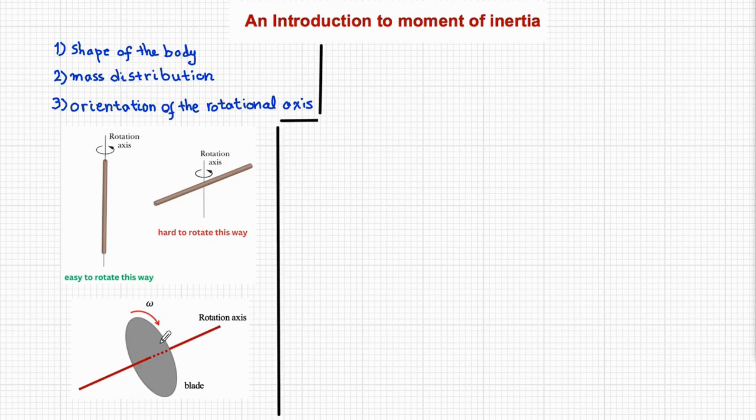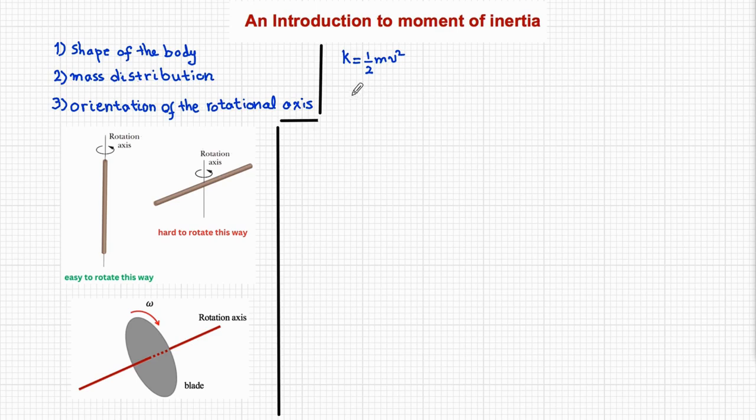So this blade has a kinetic energy due to that rotation, but we cannot apply the familiar formula K equals 1 over 2 m v squared to the blade as a whole, because that would give us the kinetic energy only of the blade's center of mass, which is 0, because the blade does not move. That's why this term will be 0.